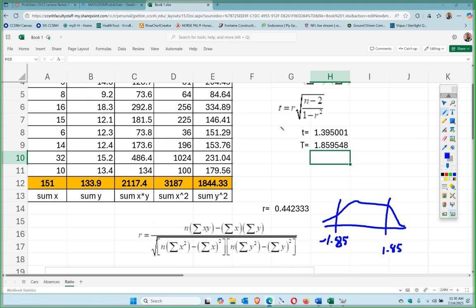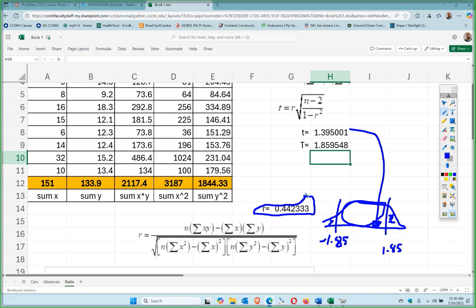Again, whether you use uppercase t or lowercase t really doesn't matter. I'm just trying to differentiate the t's. But the problem is right here, though. 1.3 is observed, right, which is not in the shaded region, right? So that means it's not critical. Okay, so this is not significant. If that's not significant, that means the equation is not going to be valid. It's not linear. There might be no relationship.